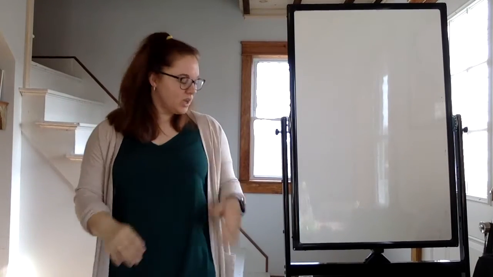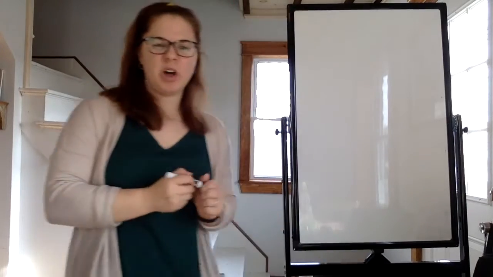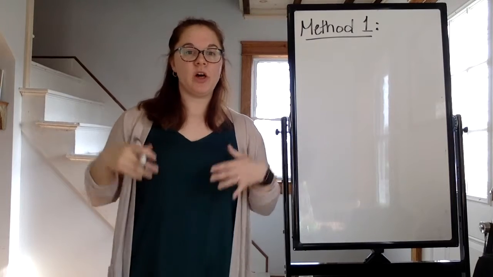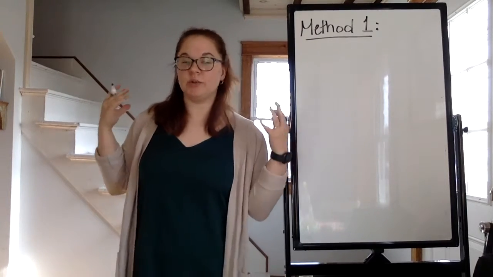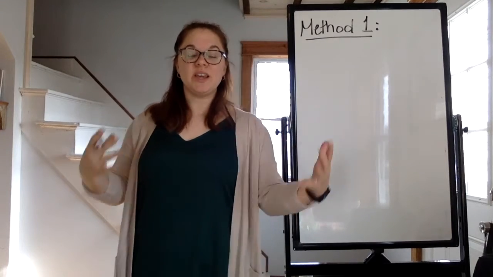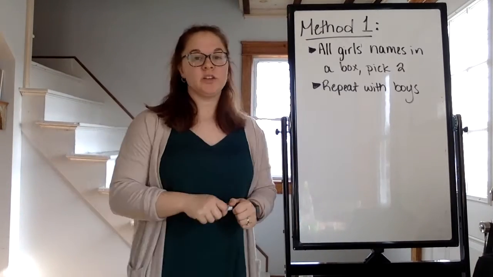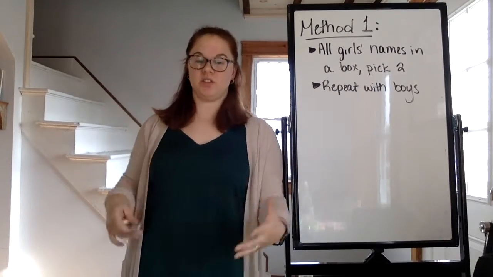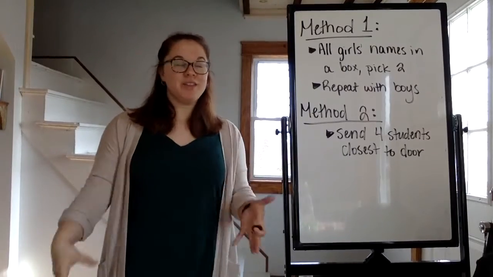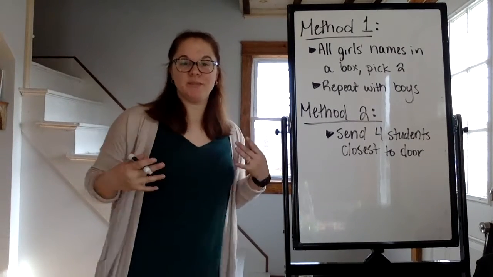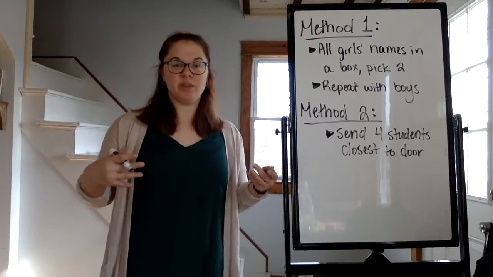The first idea, we'll call it method 1: I could put all the names of all the girls into a box and choose 2 without looking, and then do the same for all the boys' names. Method 2 would be that I would send the 4 students closest to the door. And the final method would be to put everybody's names in a box, mix the names, and then pull 4 out without looking.